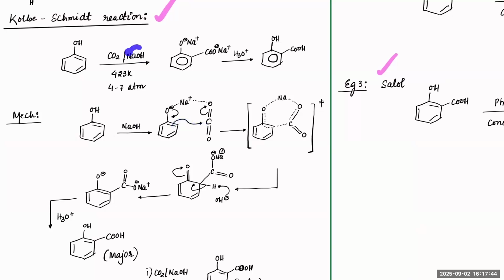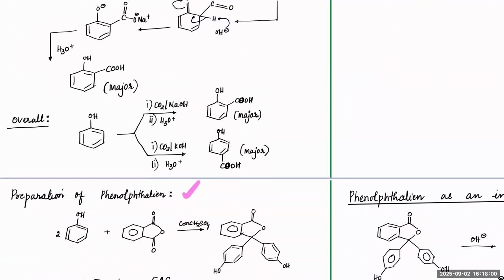And I told you that if I take NaOH, it will give better chelation on the ortho position. So you will get this as the intermediate. And thereafter, OH minus will take H plus away, retain the aromaticity, and that's how you'll get salicylic acid. If I take NaOH, ortho product. If I take KOH, para product is major.